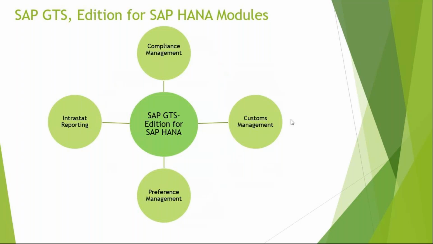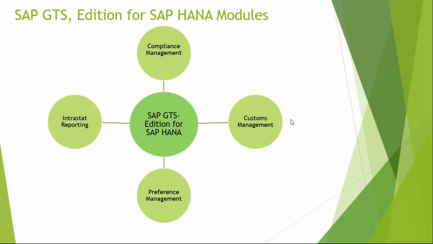When it comes to GTS 11.0 as an example. But with this new version, which is SAP GTS edition for SAP HANA, now there is a little bit of change. Yes, we will have compliance management, no change at all. We'll have customs management, no change at all.